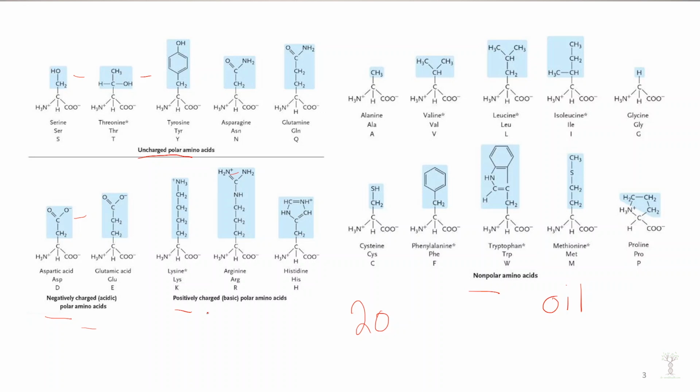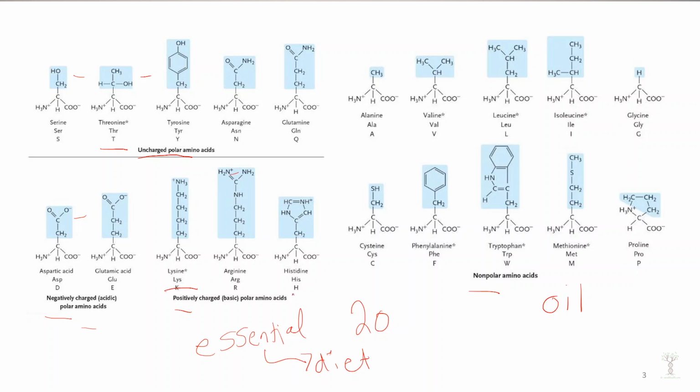The other thing that is important about each of these amino acids is that some of them are called essential. Essential means that we have to get them from our diet. We have to consume them. For example, threonine is an essential amino acid.